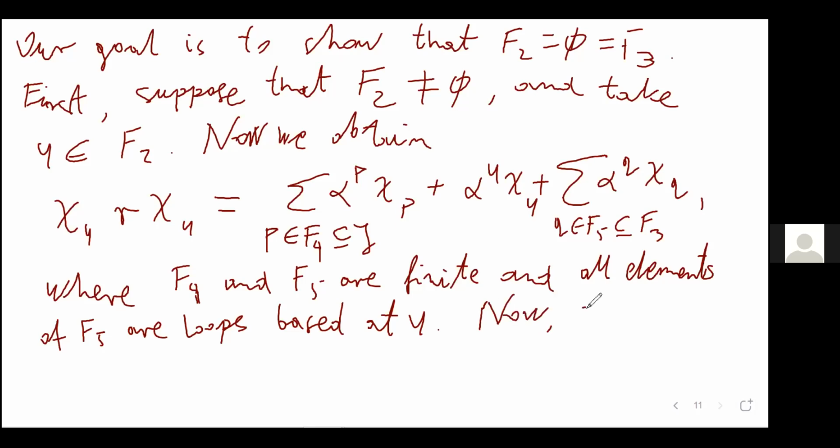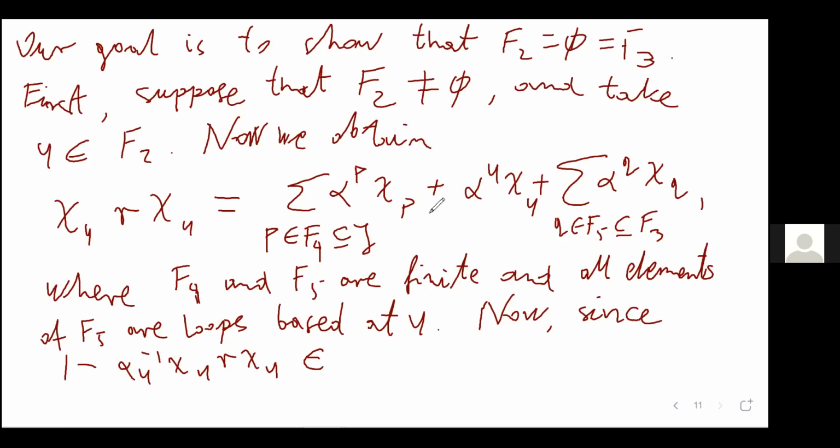Now, since 1 minus alpha U inverse chi U R chi U belongs to, you see, I look at this chi U R chi U, I divide it by alpha U, which is not 0, and look what happens.